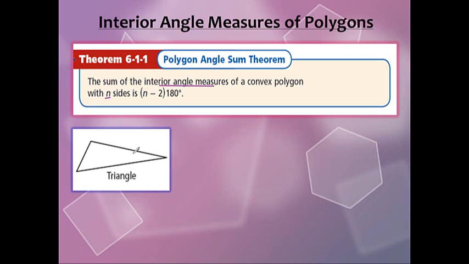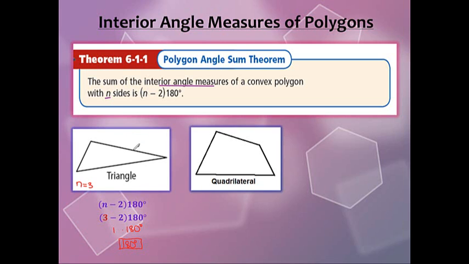Okay, we know that a triangle has 3 sides. So for a triangle, n is 3. We're going to use our formula and plug in 3 for n. So I end up with 3 minus 2 times 180 degrees. So the interior angle sum is 180 degrees, which I know is true because for a triangle that's always true.